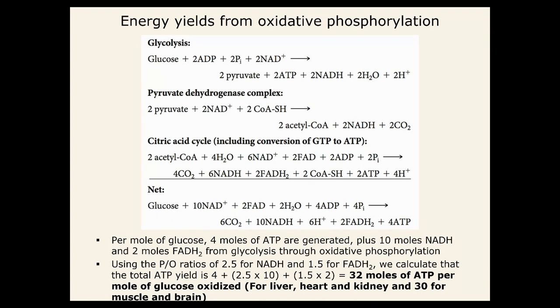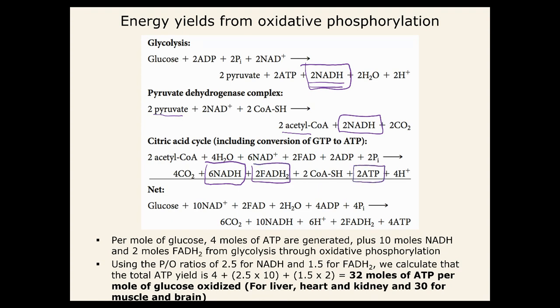Okay, so here are our energy yields. There's a lot more ATP generated from oxidative phosphorylation than was seen in substrate level phosphorylation. So from glycolysis, we have 2 NADH. From pyruvate dehydrogenase complex, that was pyruvate to acetyl-CoA, 2 NADH. From citric acid cycle, churning around twice, 6 NADH, 2 FADH2, and 2 ATP.